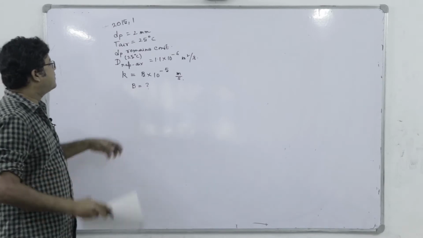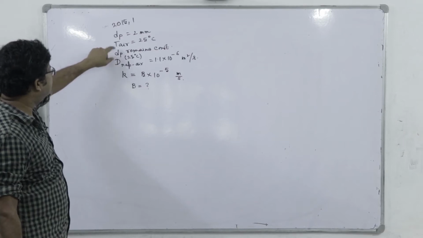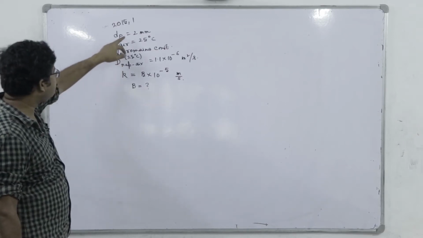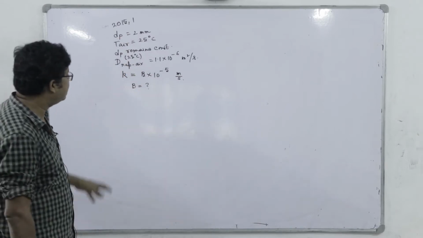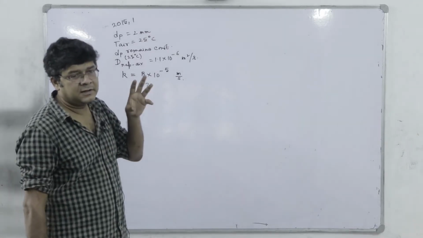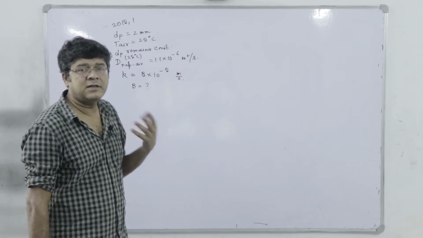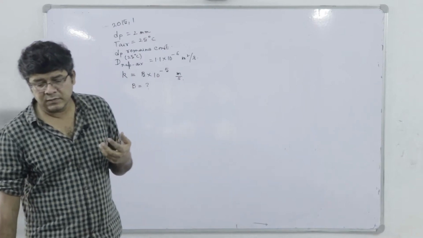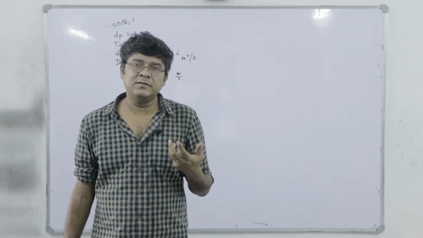So, you see its diffusivity is given, diameter is given, air temperature is given, and the mathematical form of K is given. So, you have to hit upon the strategy of solving this problem simply by thinking about the mass transfer coefficient, and how we can solve for it.